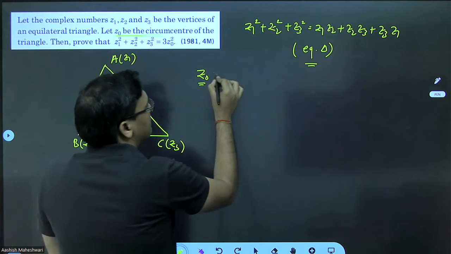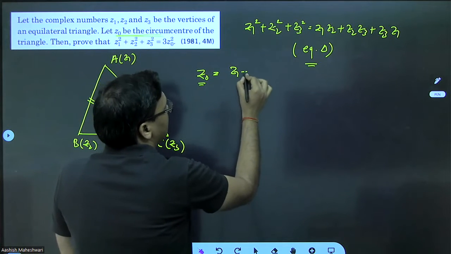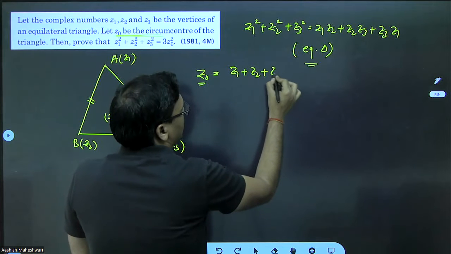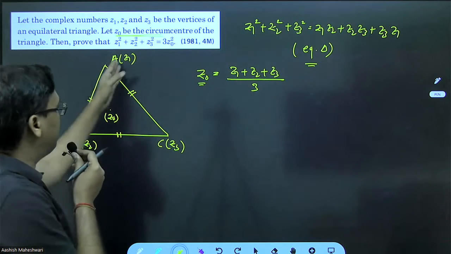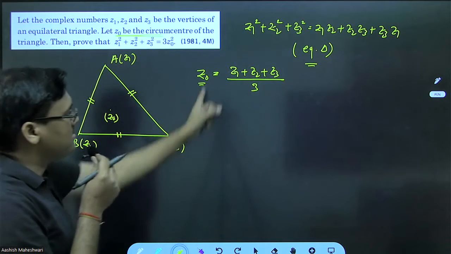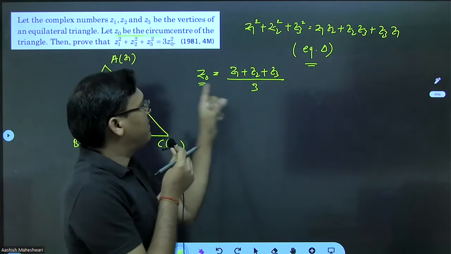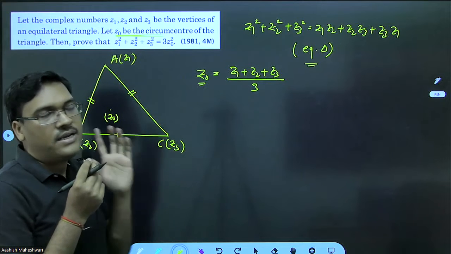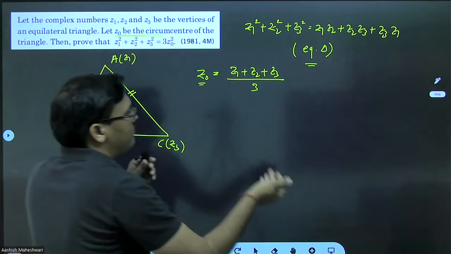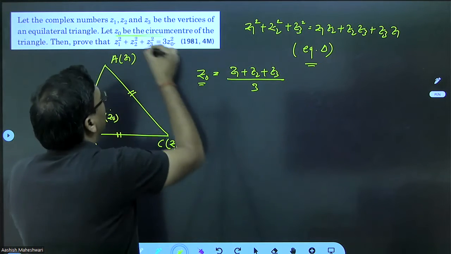Now, if Z naught is the center of the triangle, I can say Z naught is equal to Z1 plus Z2 plus Z3 divided by 3. This is the centroid, and we have equated it to the coordinate of the circumcenter because ultimately both are the same point for an equilateral triangle. Now we have to just manipulate this to get the result.